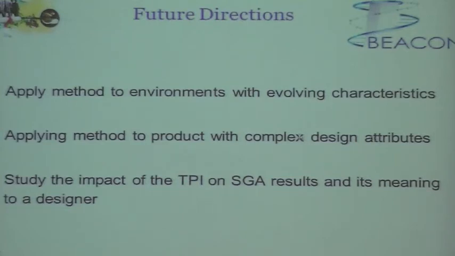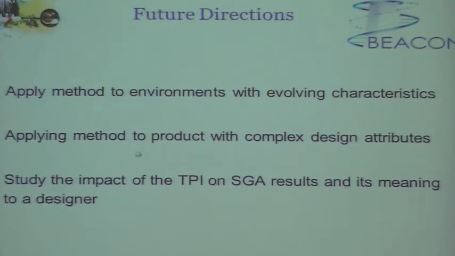Here I only used 3 attributes: 1 discrete for the environment, 1 continuous for operational, and 1 continuous for design. Right now I'm working with 7 parameters, so I'm including more parameters on the design, environment, and operational sides, and also studying the impact of the TPI on the SGA result and its meaning to the designer.